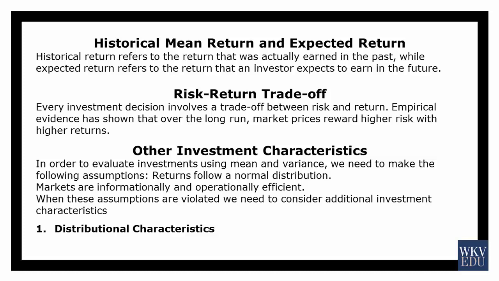Skewness refers to the asymmetry of returns distribution, and kurtosis refers to the fat tails or higher than normal probabilities for extreme returns. This leads to an increase in an asset's risk that is not captured by the mean variance framework.